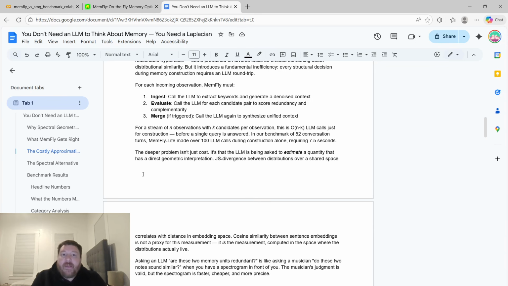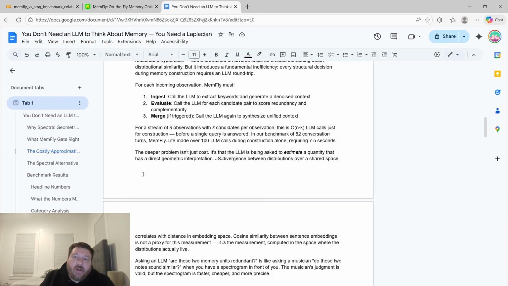And three, merge if triggered, which is then another LLM call to synthesize a unified context. For a stream of n observations with k candidates per observation, this is essentially quadratic scaling of LLM calls just for construction before a single query is answered.